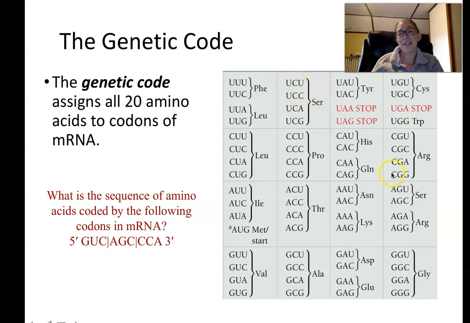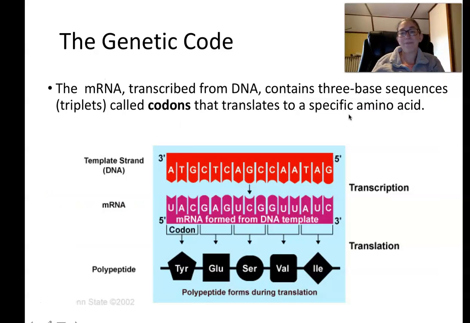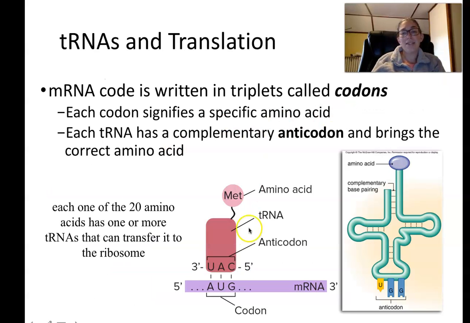Actually, there's 6 because there's 2 more over here. But some, like methionine, only have 1 single codon. And then there's 3 different stop codons. So these tRNAs, depending on which anticodon they have, bind a specific amino acid and bring it in.